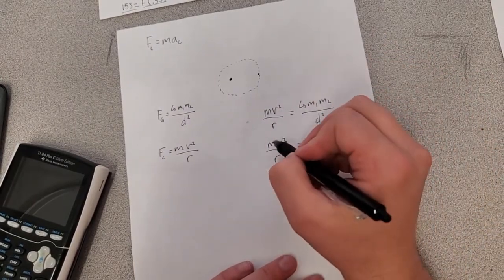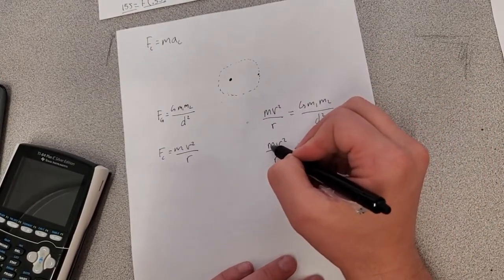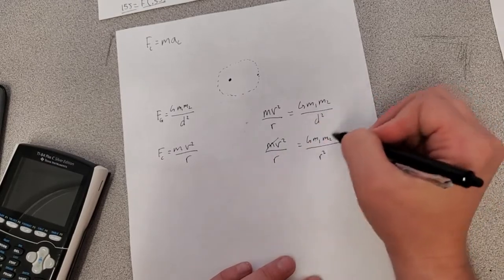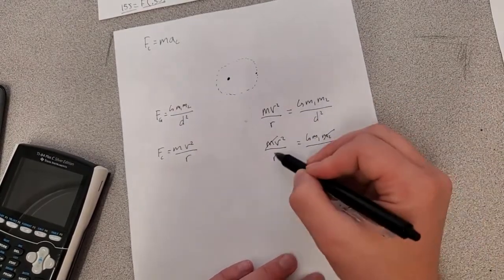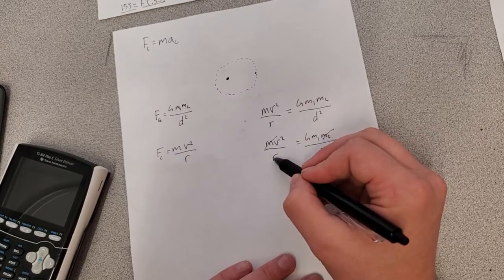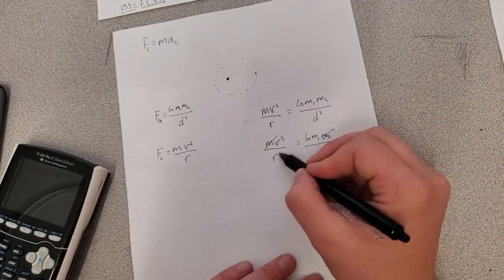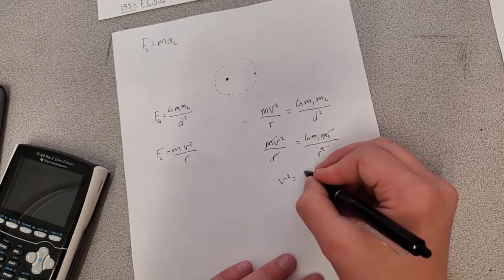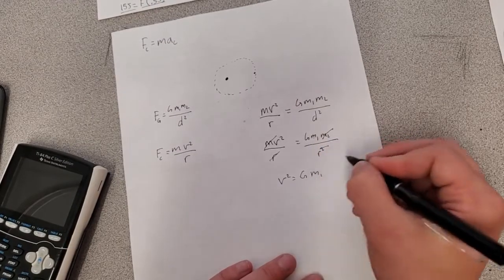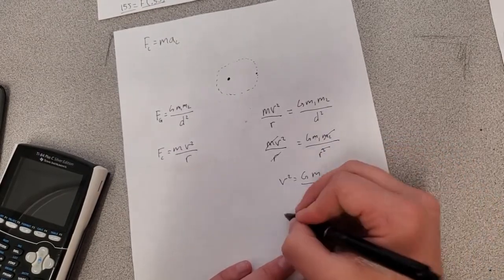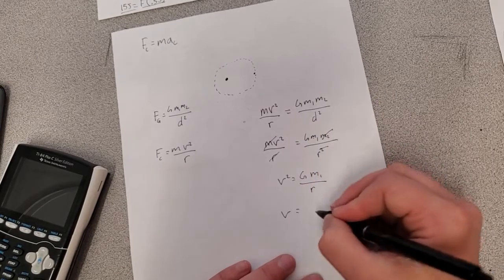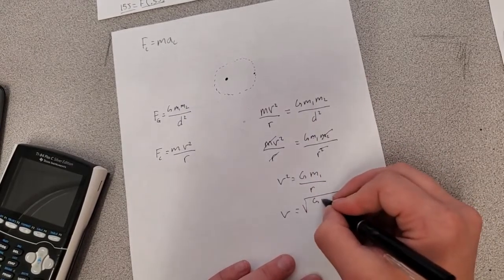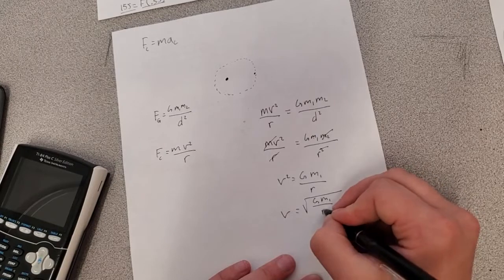We're looking at the centripetal force of Earth, so this is the mass of the Earth, and we can cancel these two masses out. Then down here, we see an r in the denominator and another r, so we cancel that out. We're left with v squared equals G M1, the mass of the sun, over r. Let's bring that down one more: v equals the square root of G M1 over r.